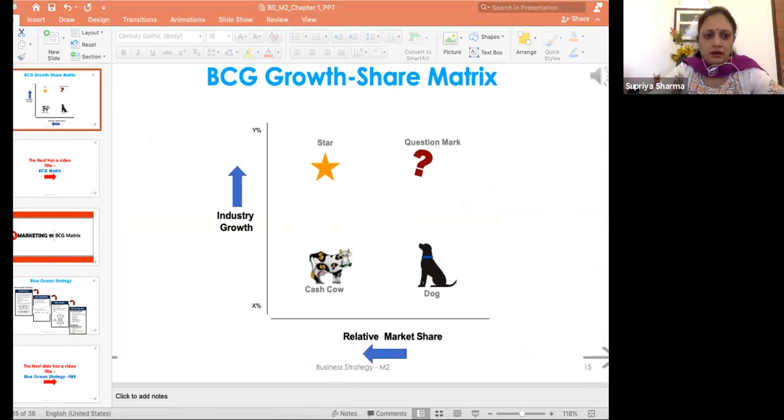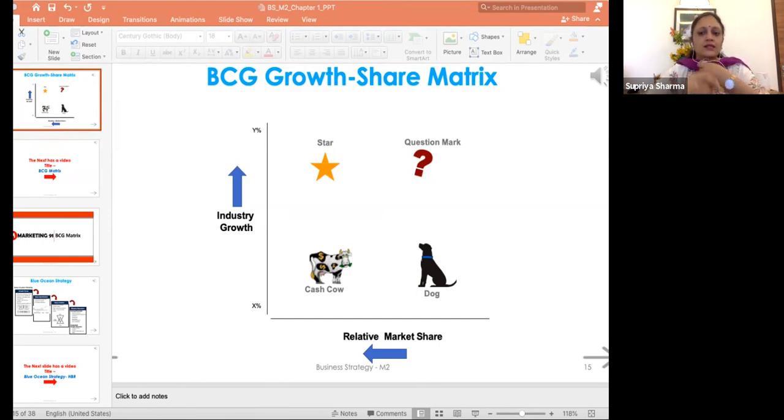Now this is the BCG matrix. This is again a four-celled matrix developed by BCG USA, and it is one of the most renowned corporate portfolio analysis tools. It provides a graphic representation for an organization to examine different businesses in its portfolio, on the basis of two things: one is industry growth and the other is relative market share.